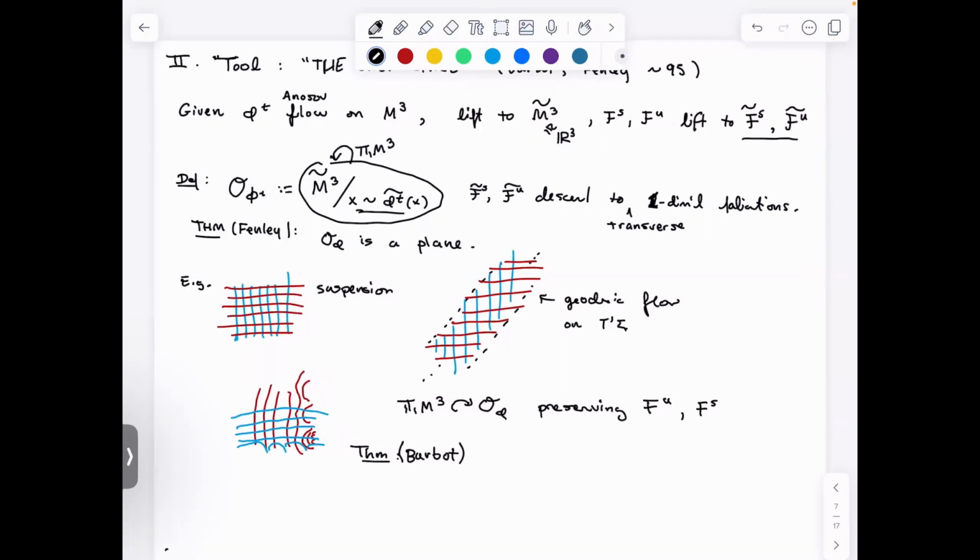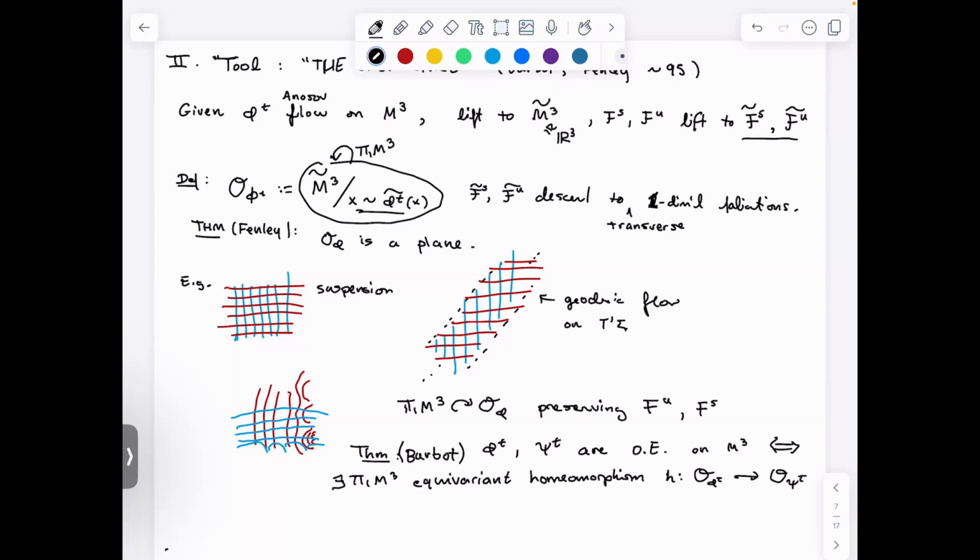So more precisely, phi t, psi t are orbit equivalent Anosov flows, remember my three manifold is fixed, if and only if there exists a pi1 equivariant homeomorphism H from the orbit space of one to the orbit space of the other.